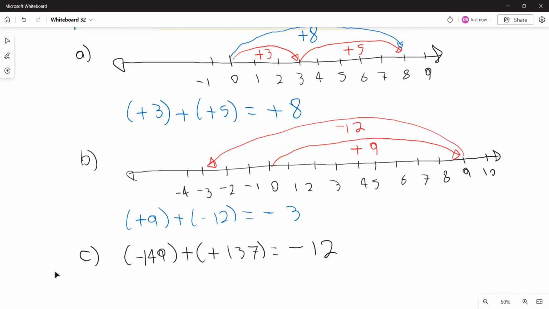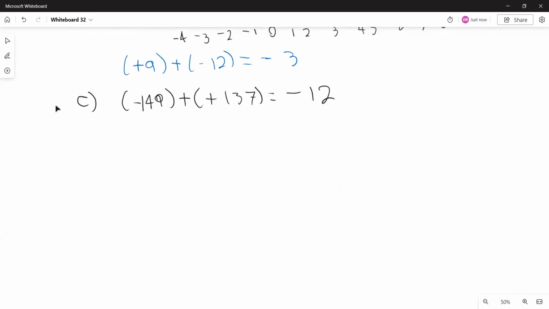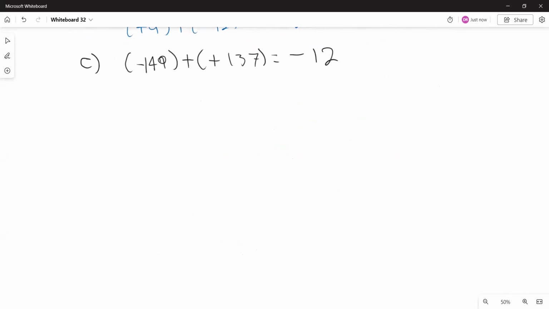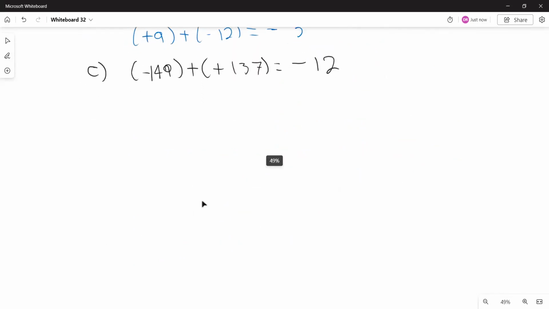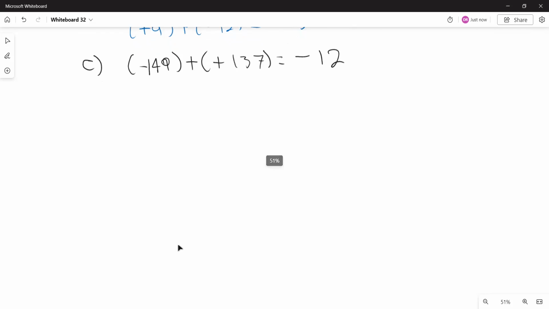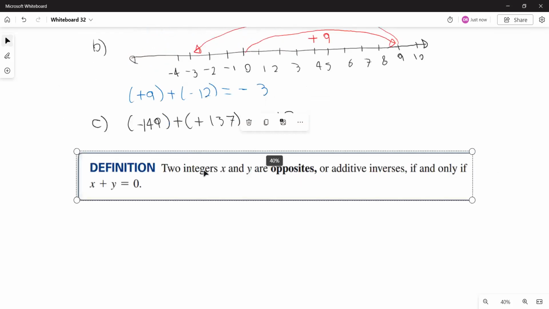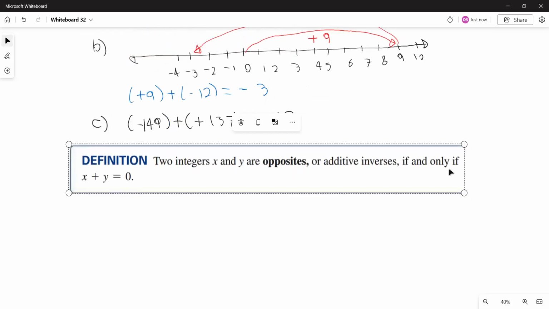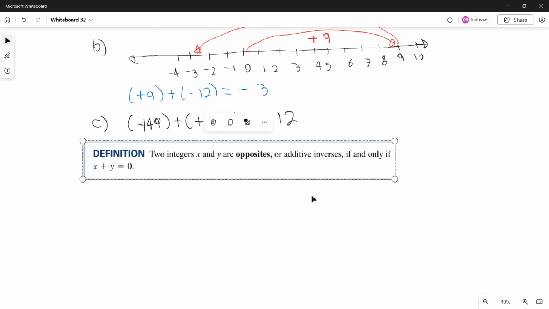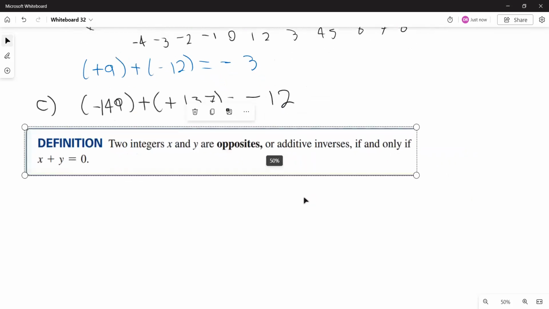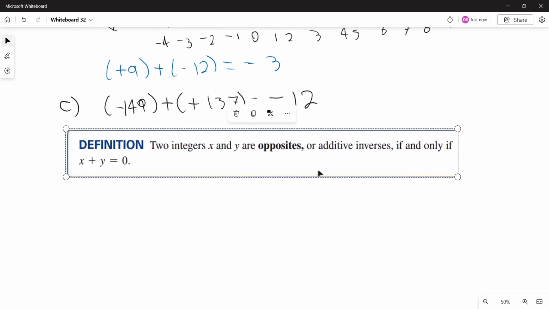The next definition is the definition of opposite integers. Two integers, x and y, are opposites or additive inverses if and only if x plus y is equal to 0.